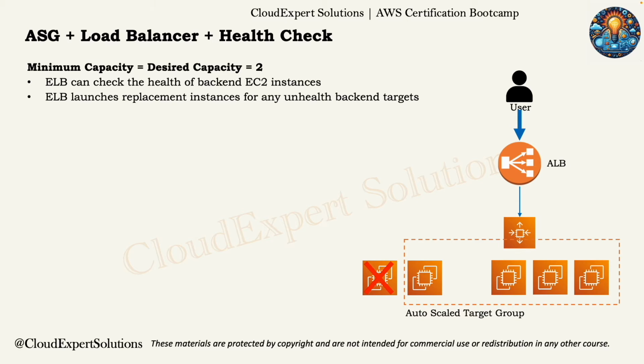With some more traffic, it will add one more instance. Let's assume we have a maximum capacity of 4, and the autoscaling group will keep on adding EC2 instances until the total count reaches 4.